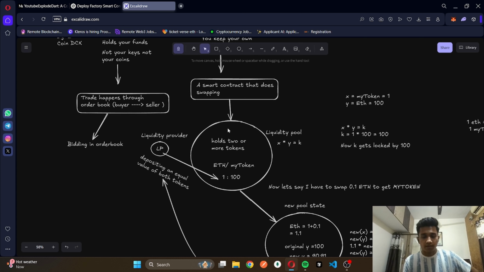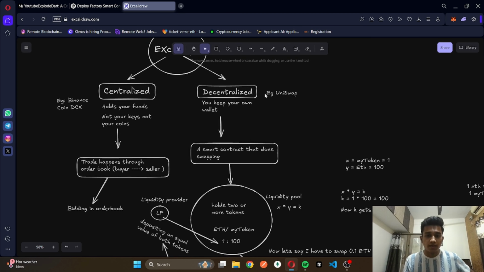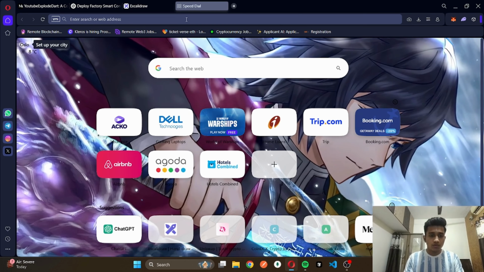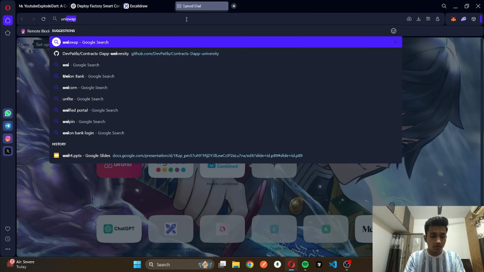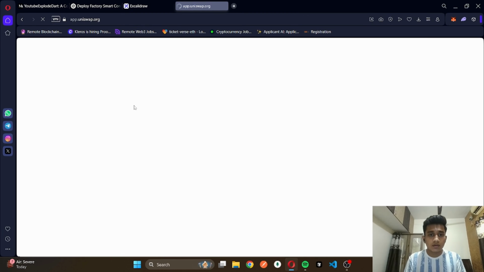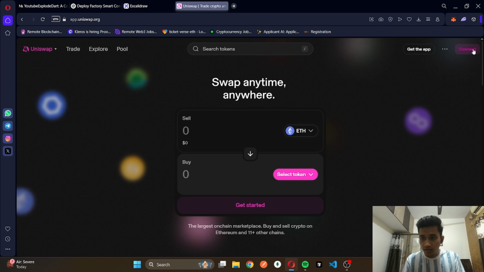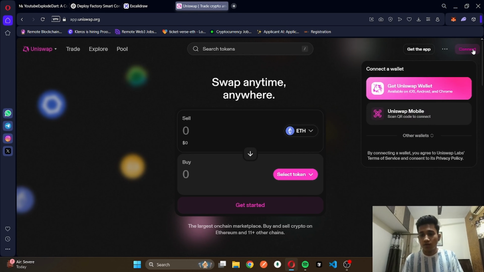So let's take an example that we are on a decentralized exchange like Uniswap. I'll just show you Uniswap. So yeah, it's a decentralized exchange, and over here it gives you the facility to connect your wallet.